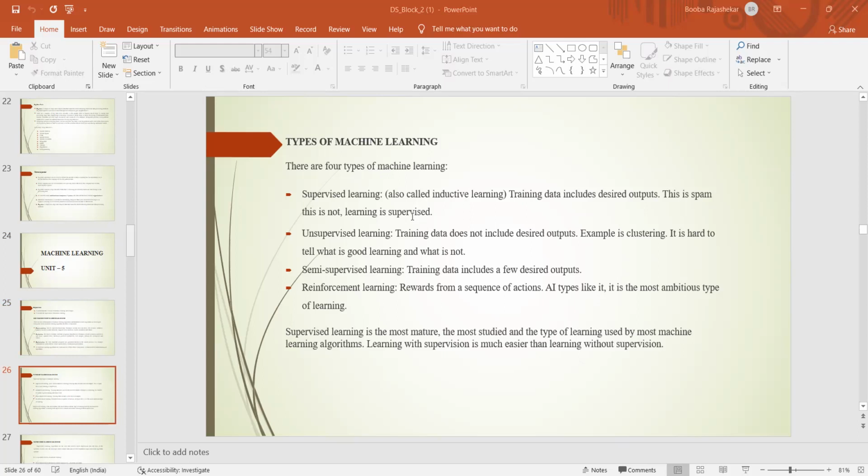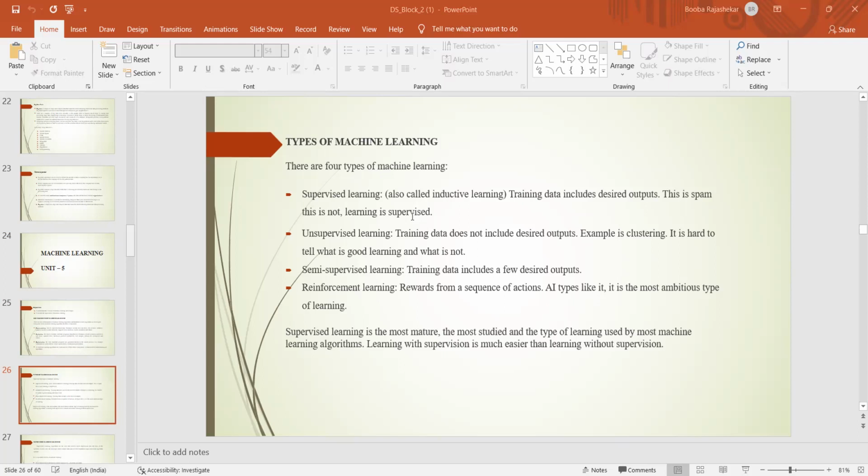Unsupervised learning is where the training data does not include the desired output. For example, clustering. It is hard to tell what is a good clustering and what is not. Semi-supervised learning is where the training data includes a few desired outputs. The next one is reinforcement learning: rewards from a sequence of actions.